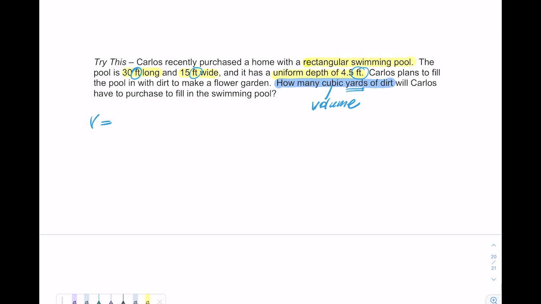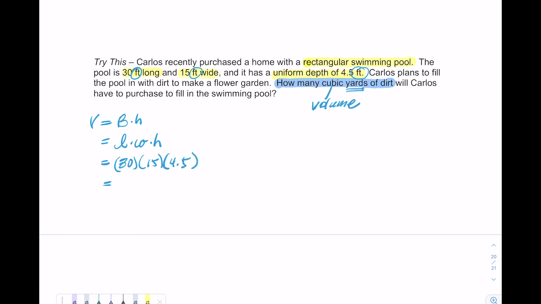If you'll remember, volume is always area of the base times the height. And if we're dealing with a rectangle, and it's a prism, the area of a rectangle is length times width. So it's just going to be length times width times height. And height here is depth. So we're just going to multiply 30 times 15 times 4.5.